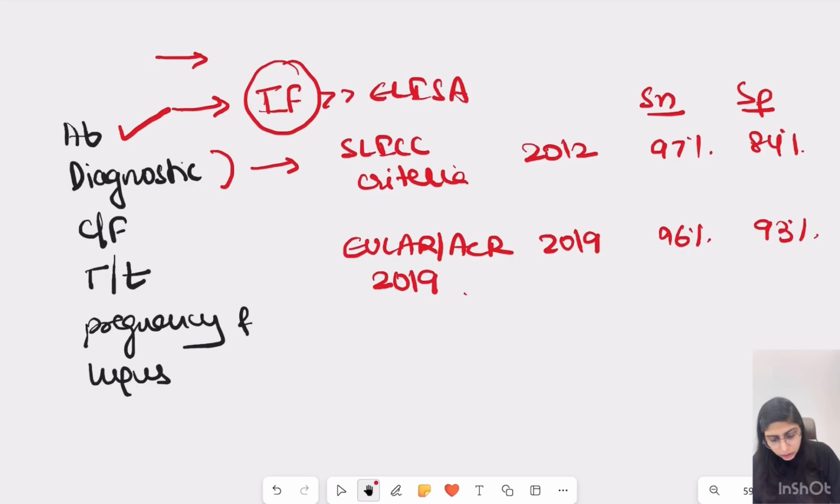Now, we'll talk about how we diagnose by the SLICC criteria, and we'll talk about the EULAR ACR criteria also. But if you are asked which one is followed these days for diagnosis of SLE, your answer should be the EULAR ACR criteria. So that is one.